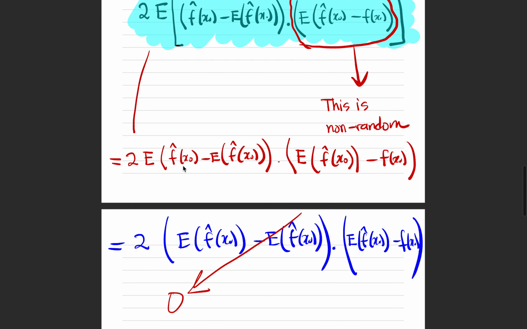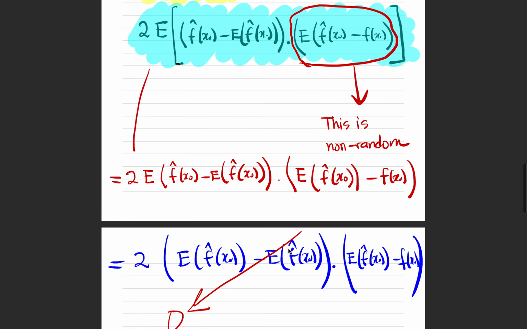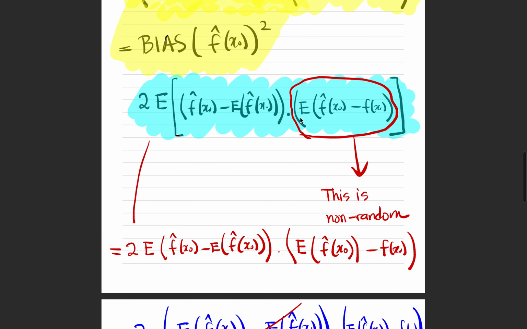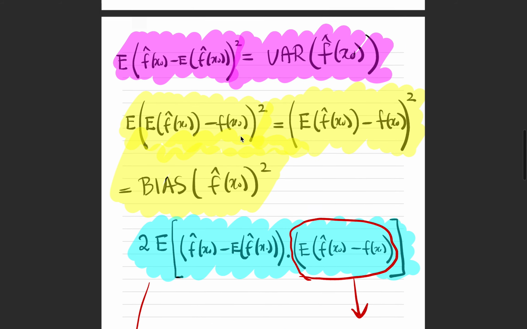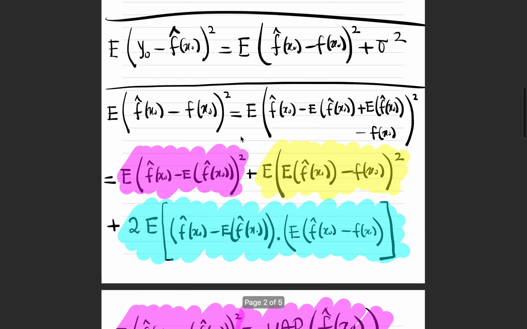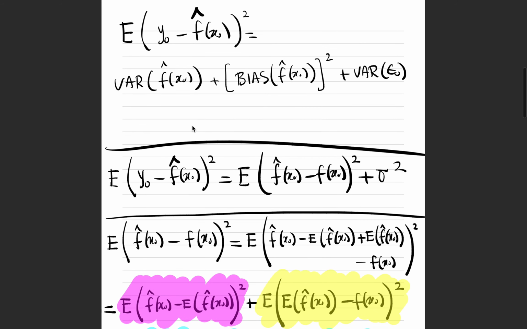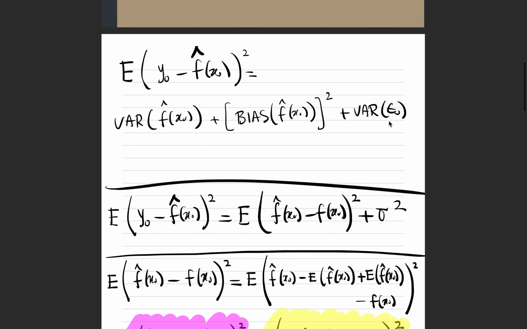Because this becomes the expected value of f hat minus the expected value of f hat, so 0. So we showed that the cross term is 0 and we're done. So we decomposed this performance into the irreducible error, bias square, variance.